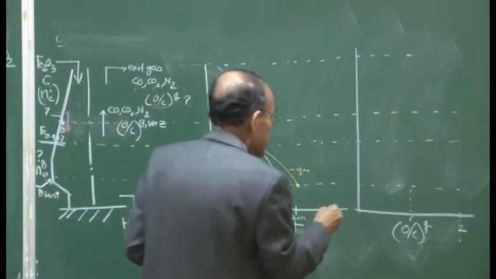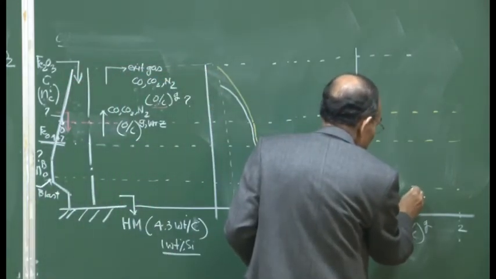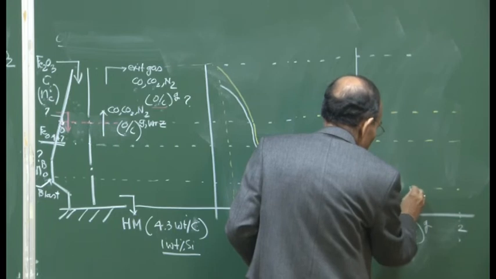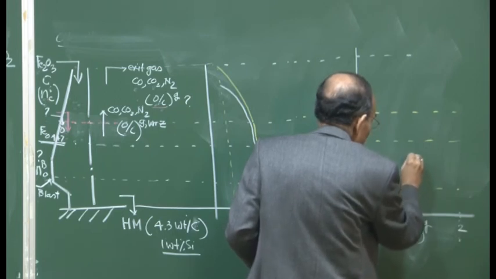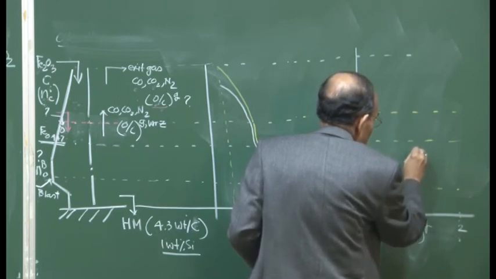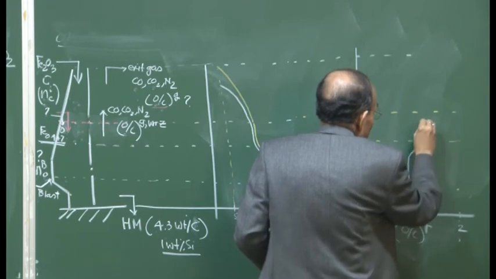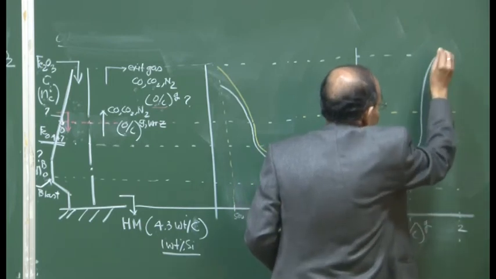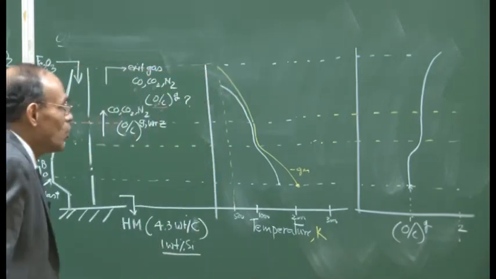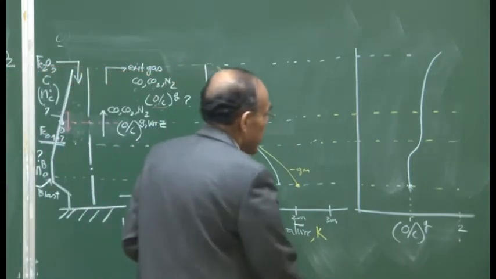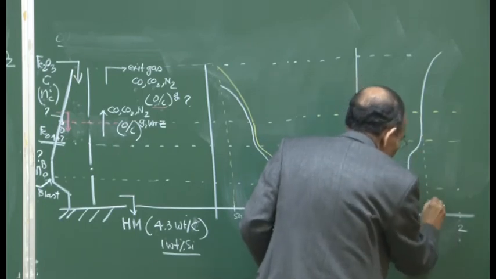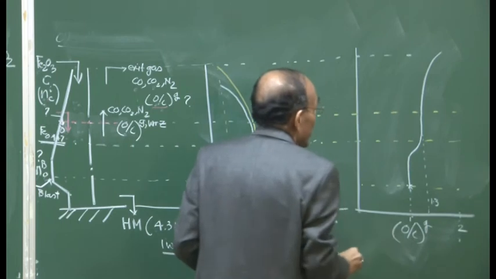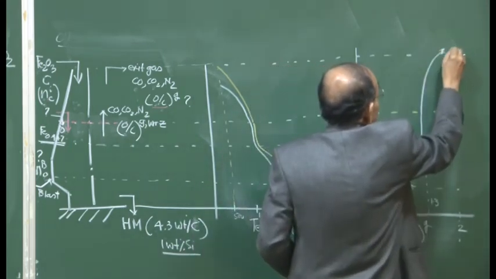From here it gradually goes, at very intense temperature no carbon dioxide is stable, something like this, and then further something like this. That is the profile, which essentially tells us that O by C here, for example, is something around 1.3, and this is the O by C of the exit gas.